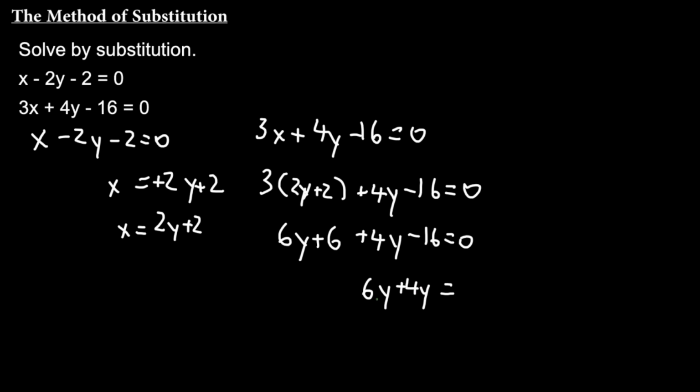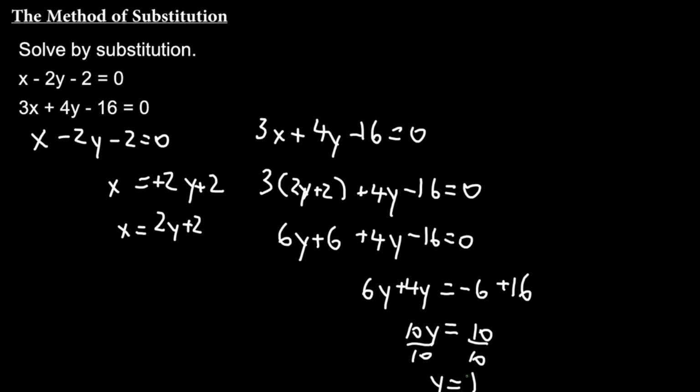On the right side, we'll have positive 6 and negative 16. You bring it across, you get negative 6, positive 16. So now, negative 6 plus 16 gives us positive 10. 6y plus 4y gives us 10y. To isolate for y, divide by 10, divide by 10, y equals 1.